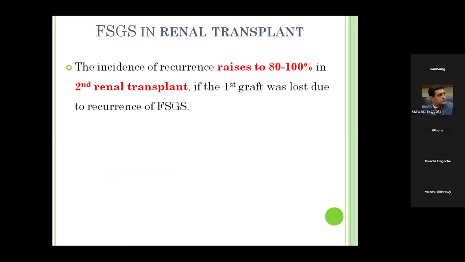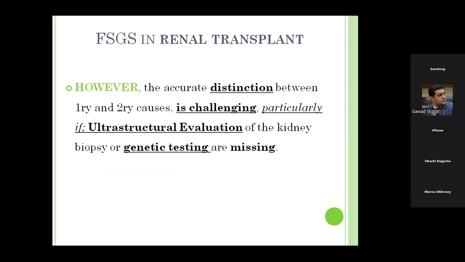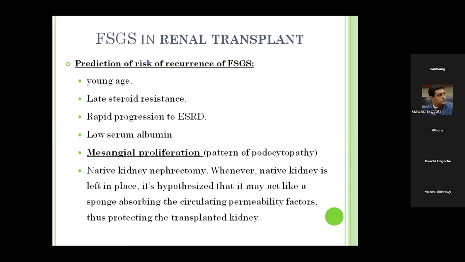The incidence of recurrence reaches up to 80 to 100% in a second renal transplant if the first graft was lost due to recurrence of primary focal segmental glomerulosclerosis. The accurate distinction is challenging, particularly if the ultrastructural evaluation of the kidney is missed or the genetic testing is missed.